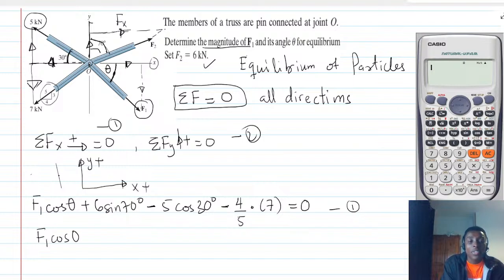So F1 cos theta. Let's sum everything here. Let's try and put everything together.